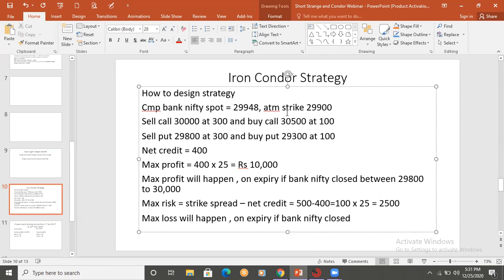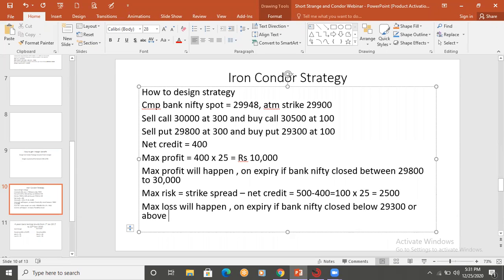So on expiry day, if Bank Nifty closes above 30,500 or below 29,300, then maximum loss will happen, which is 2,500.